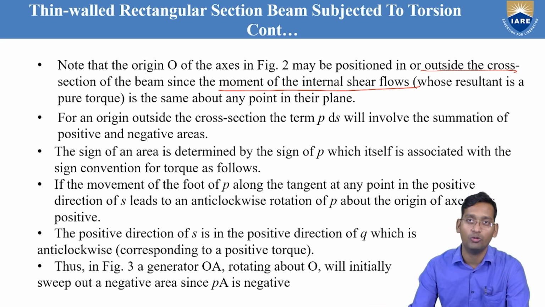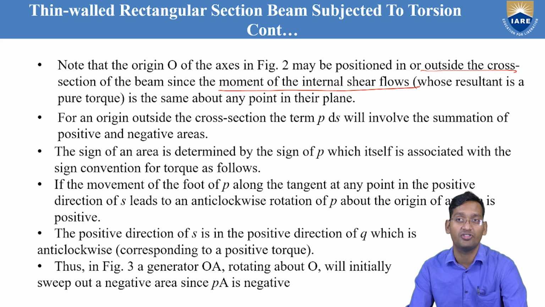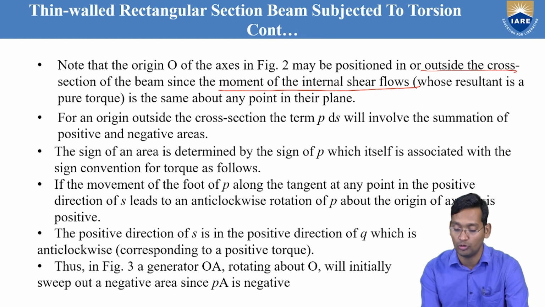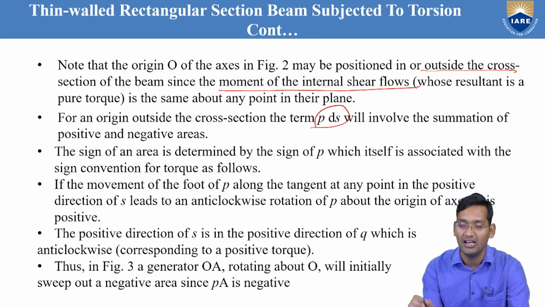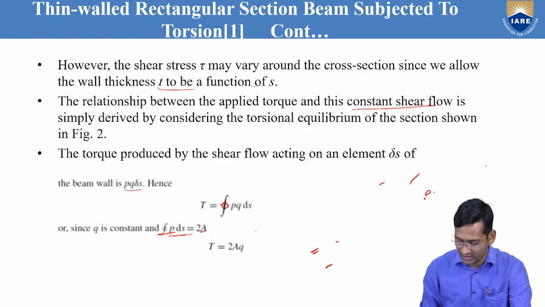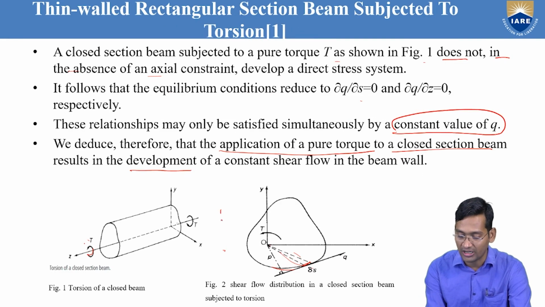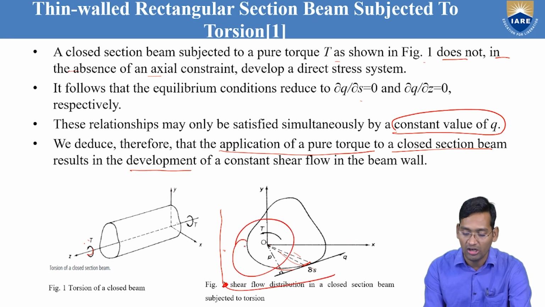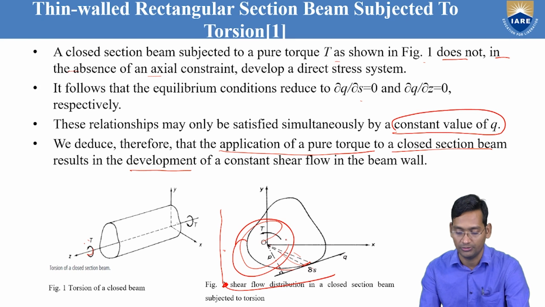Okay, so for an origin outside the cross section, the term p ds will involve the summation of positive and negative area. So p ds will be what? Total area, either it's on the negative side or positive side. So if we take this as outside in the first quadrant, right, with the origin here in this diagram, then all area will be positive only.